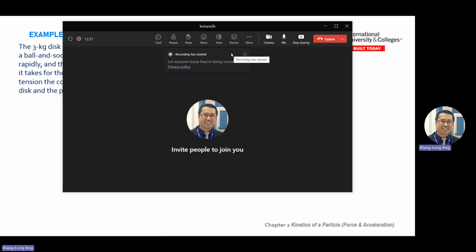If it's not constant, then use this one, or use integration. So this basically will be in your test 1. All right, we continue discussing questions.